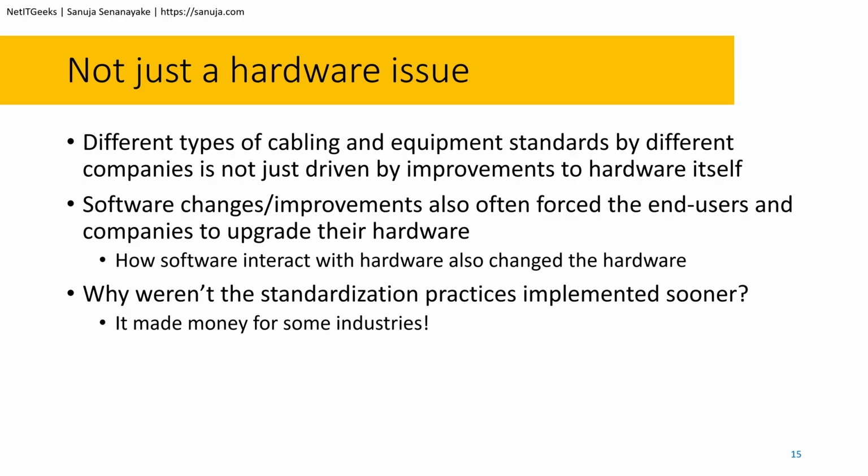So changes in software, or improvements to how the software works, often force end users and companies to upgrade their hardware as a result. Hardware upgrades are not necessarily an improvement to the hardware itself, but maybe to how the software is processing information.